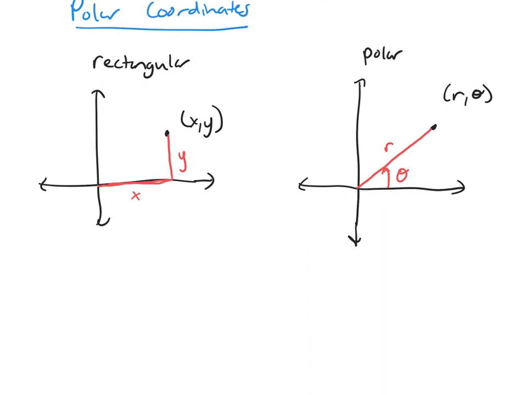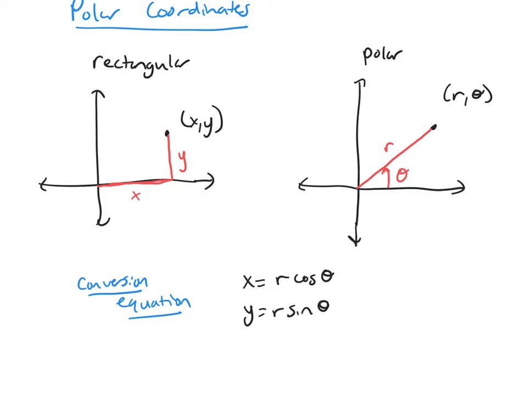We also want to remember that we have some conversion equations that help us convert between rectangular and polar or vice versa. Those equations are x equals r cosine theta, y equals r sine theta. We also know x squared plus y squared is r squared, and tangent of theta is y over x.